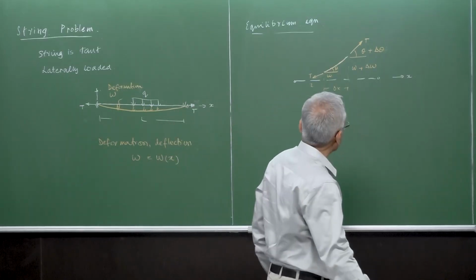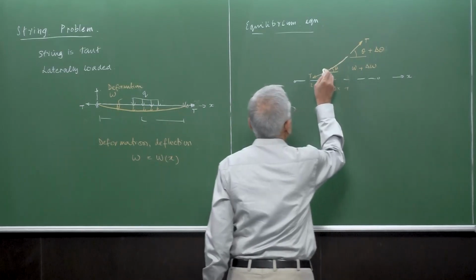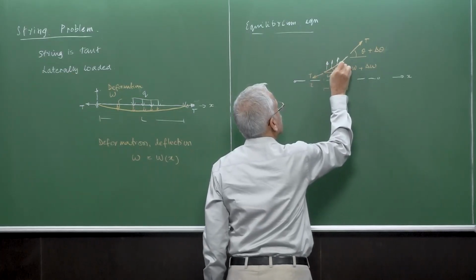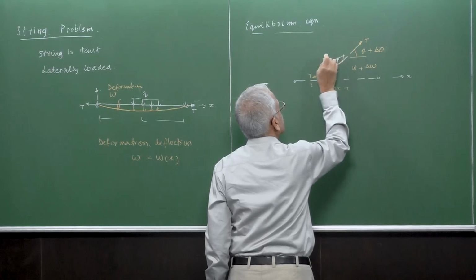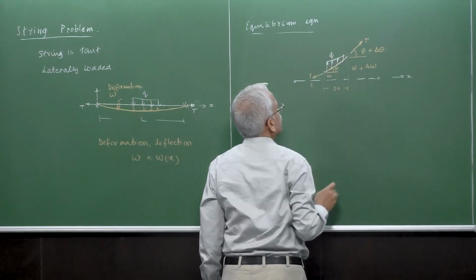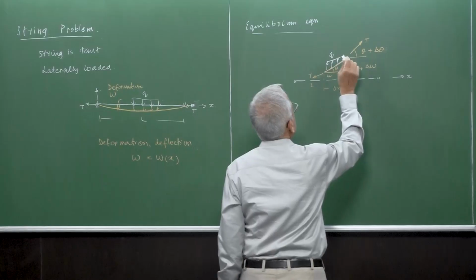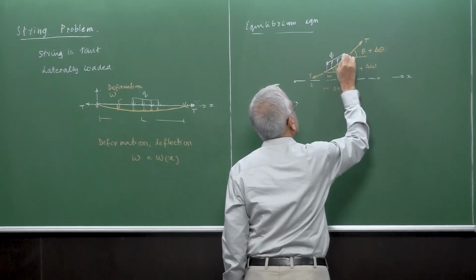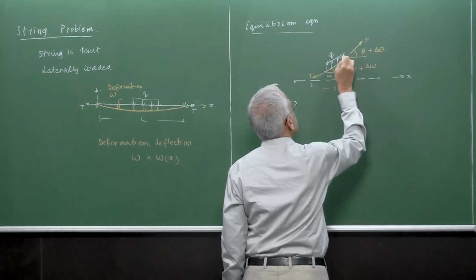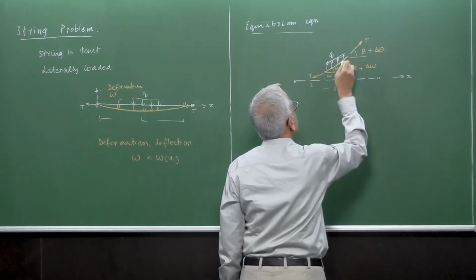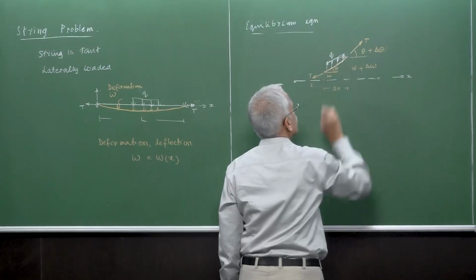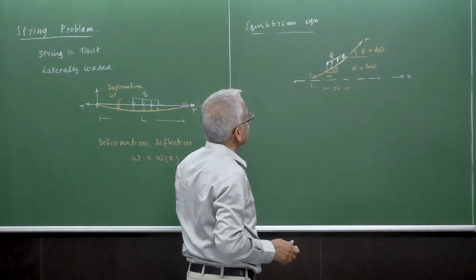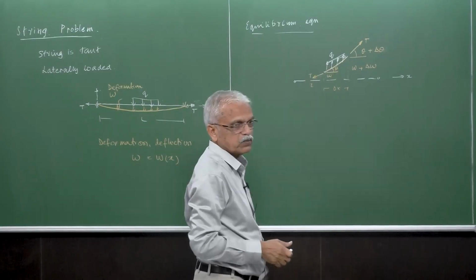Now let us also show the other force here. So we have Q here, which is a uniformly distributed load over that small domain delta x.